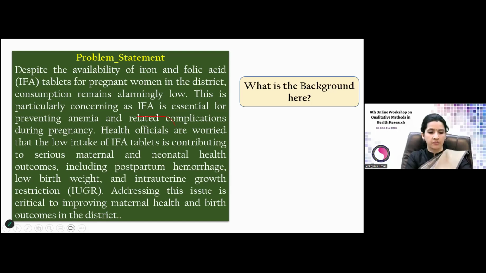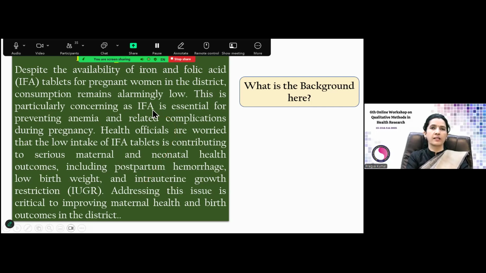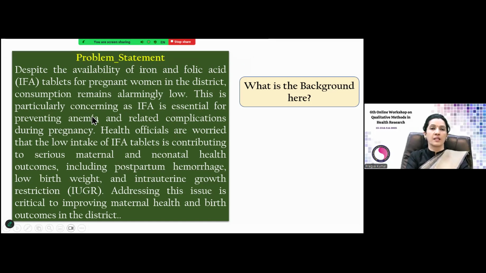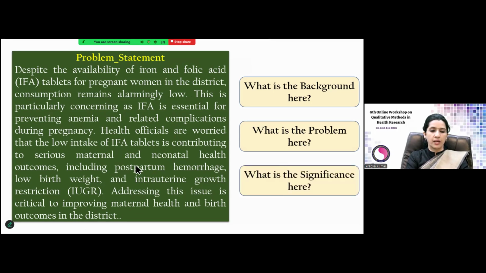The second part, this is particularly concerning as it is essential for preventing anemia, and health officials are worried that low intake of IFA tablets. That is your problem. And the third one, the last sentence, addressing this issue is critical to improve the maternal health and the birth outcome in the district. That is the significance. So all these three make the problem statement.